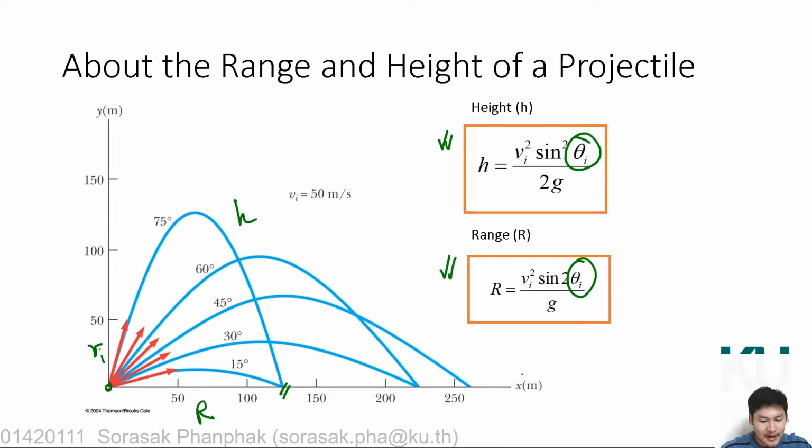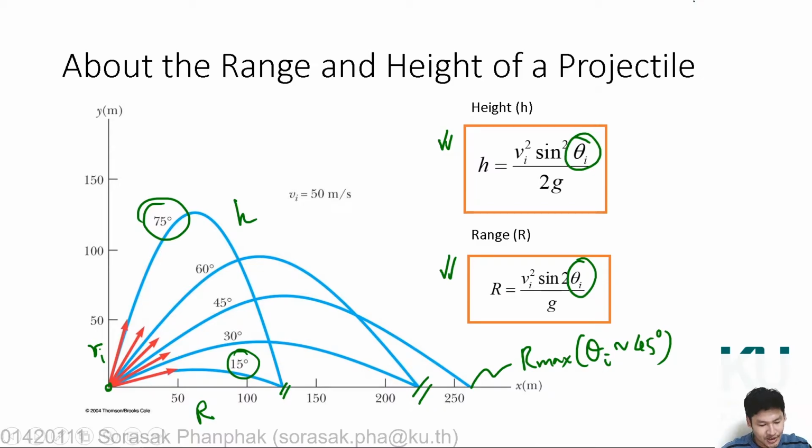If you expect to have the maximum range, you should use theta around 45 degrees. And then whether you have the higher one or the lower one, it can reach some specific range and also with different height for this projectile motion.